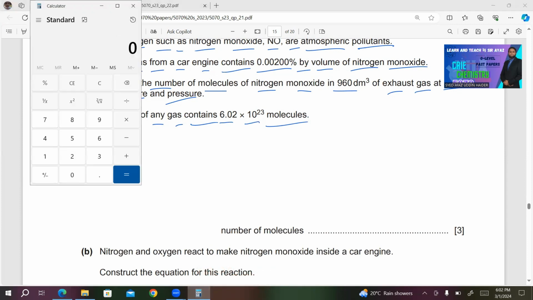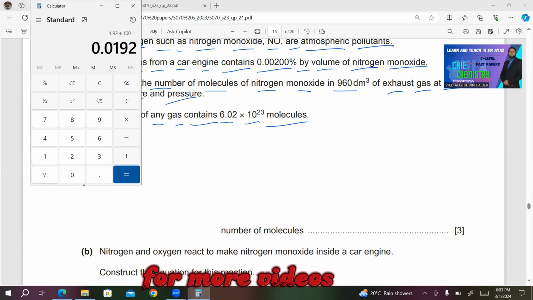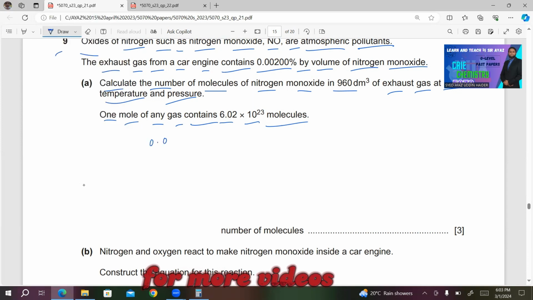So I will calculate 0.002 multiplied by 960 divided by 100. It must be 0.0192 dm³. Volume of NO.